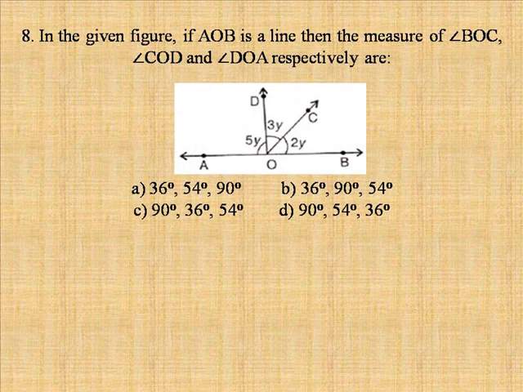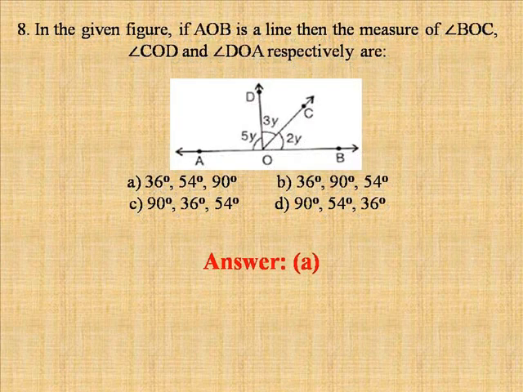Number 8. In this given figure, if AOB is a line, then the measures of angle BOC, angle COD and angle DOA respectively are. You need to find the 3 angles that are marked as 2y, 3y and 5y. So you have the 4 options. Let's see its answer. The answer is option A. Why?